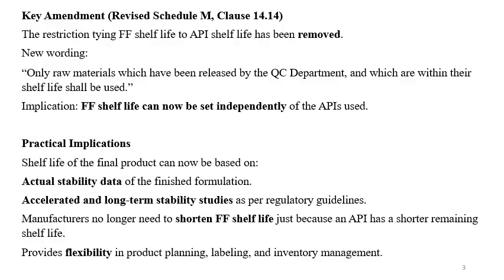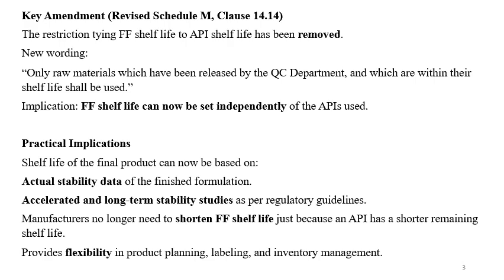New wordings are as below. Only raw materials which have been released by the QC department and which are within their shelf life shall be used. The implication of this is that finished formulation shelf life can now be set independently of the API used.